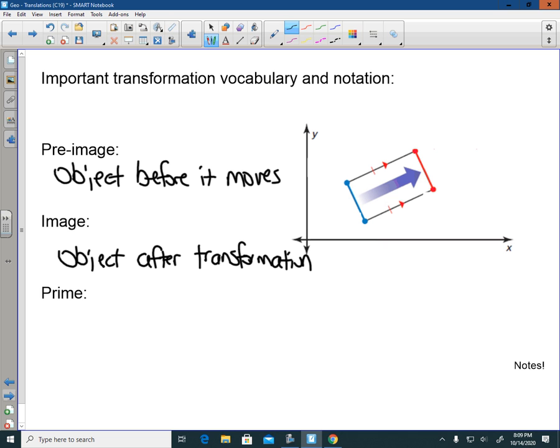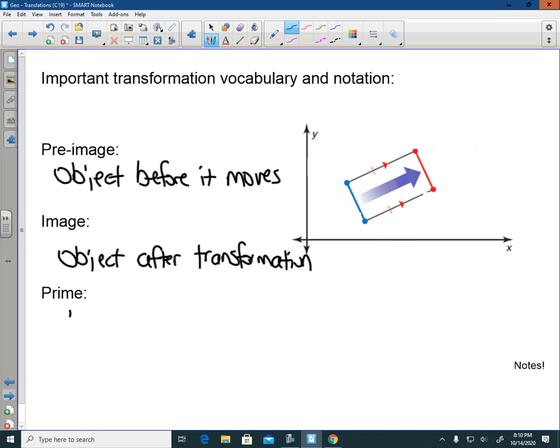One is the starting place, the preimage, and the ending place, the image. Now this word prime is actually a fancy word for just writing a little, what is that called? Apostrophe. So let's take a look at this drawing now, because I think showing you an example is going to be the best way to describe what a prime is.